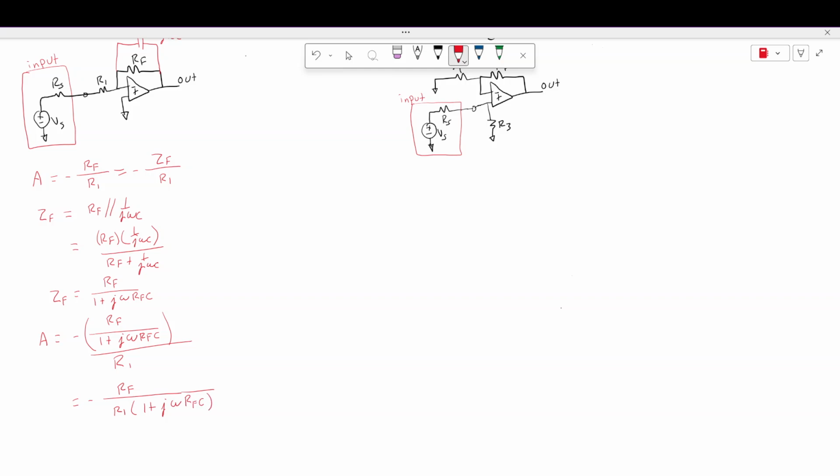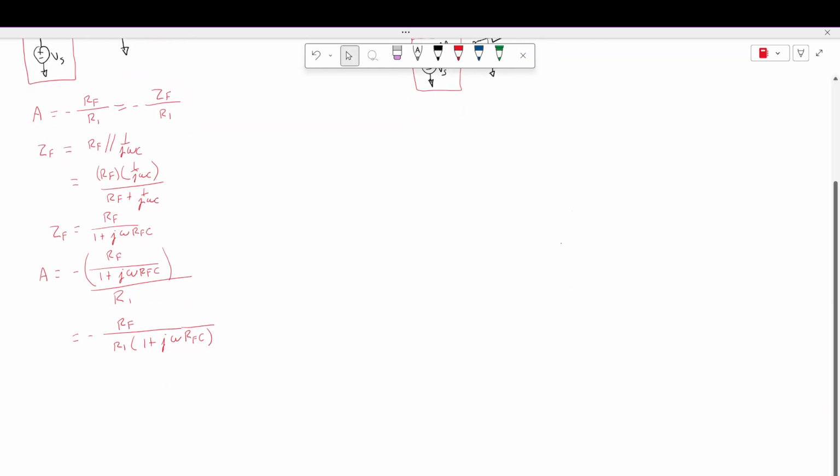And so we want to put this in the form so it's easier to see where the corner frequency is.